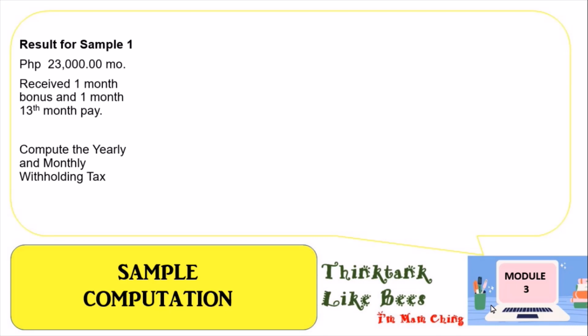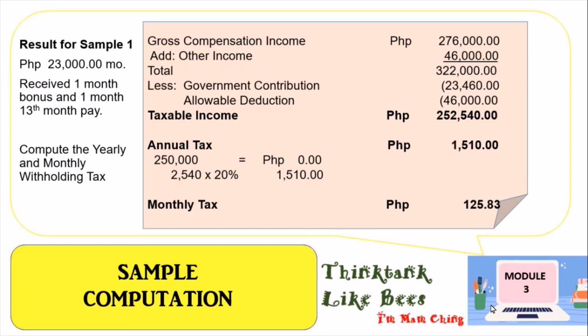Okay, so here's the result for sample number 1. Gross compensation income is 23,000 multiplied by 12, so we have 276,000. Add the other income, which is bonus and 13th month, so we have 46,000. You add the two so that you will get the total gross compensation income of 322,000. Then you need to deduct the government contribution and the allowable deduction.